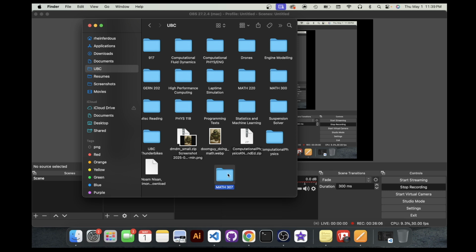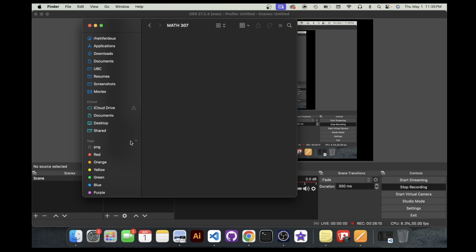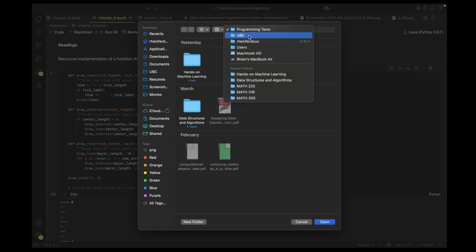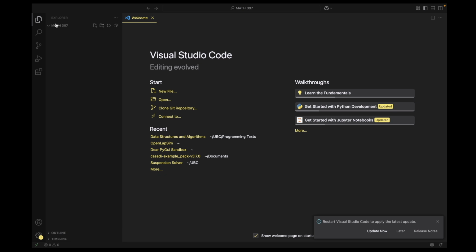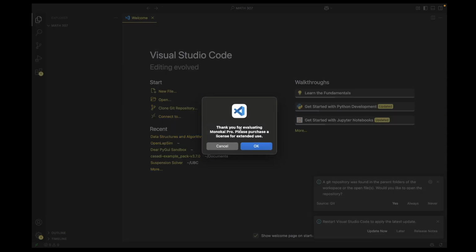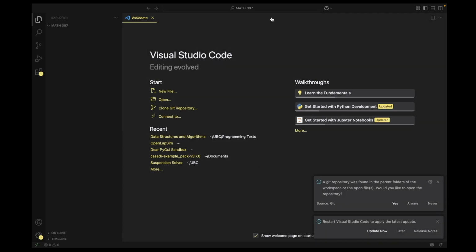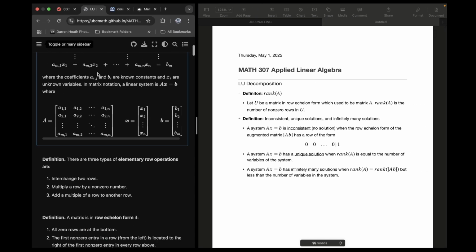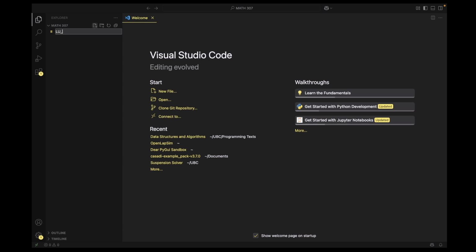Math 307. So, file, open, 307, LU decomposition dot ipynb notebook.